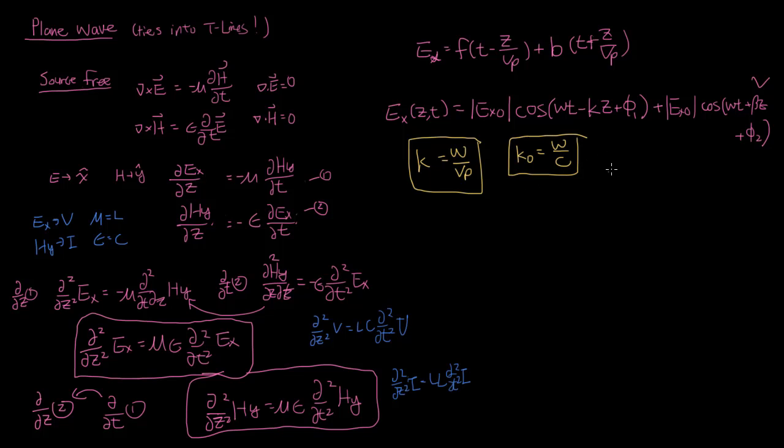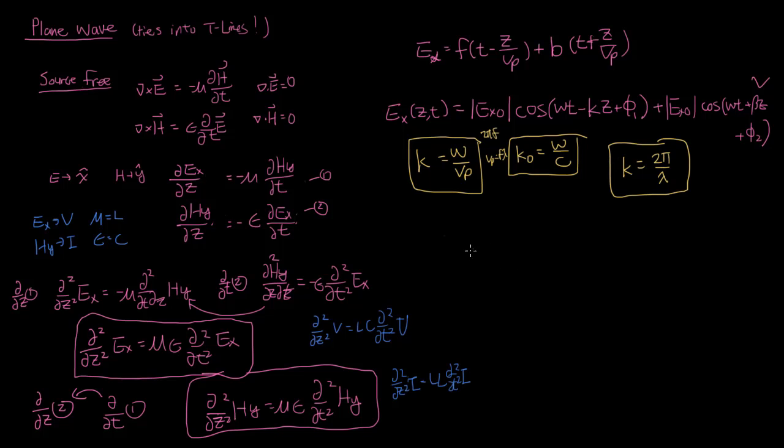Or if you just pulled me off the street and said, tell me what k means, my immediate knee-jerk reaction is k equals 2 pi over lambda. So if you plug in that omega is equal to 2 pi f and vp is equal to f lambda, you're going to end up with k equal to 2 pi over lambda. Usually that is my knee-jerk reaction to the definition of the wave number k.